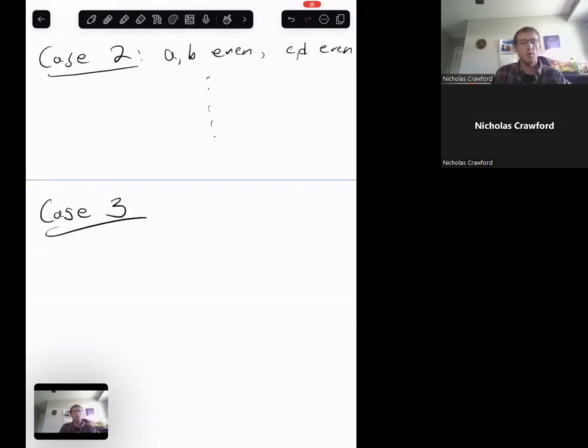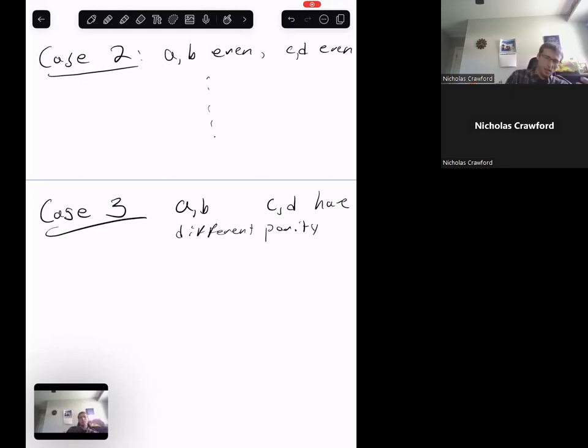Okay, for case 3, well, they have different parity. A and B and C and D have different parity. And you'll notice something that I just say they're different, right? So it doesn't matter whether you make A and B even or C and D even, as long as they have different parity.